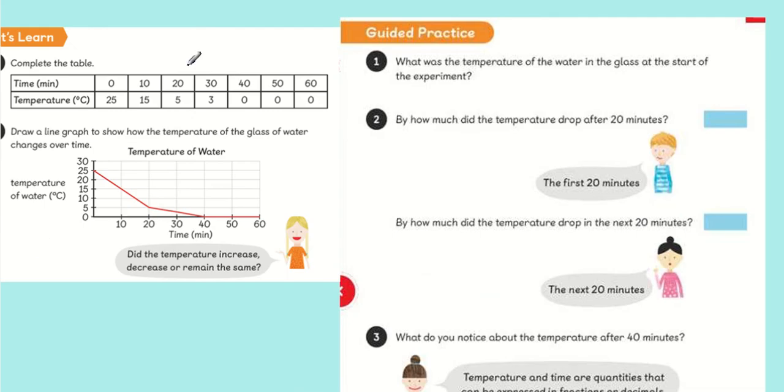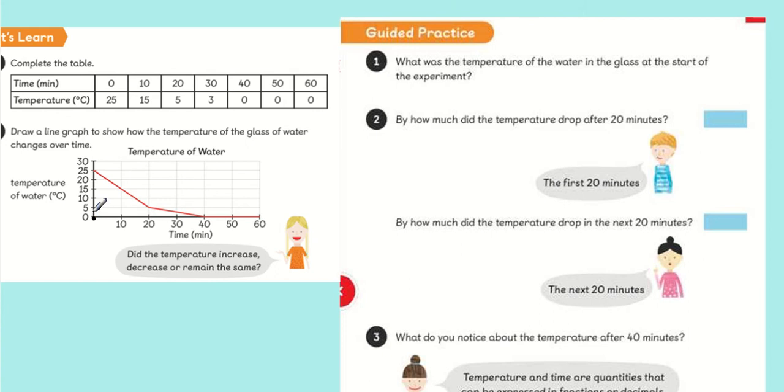Okay, on to our guided practice then. So here I have included the table and the graph to help us so we're not flicking back constantly. So, first question, what was the temperature of the water in the glass at the start of the experiment? Okay, I'll do this one with you to start with. At the start of the experiment, 0 minutes.